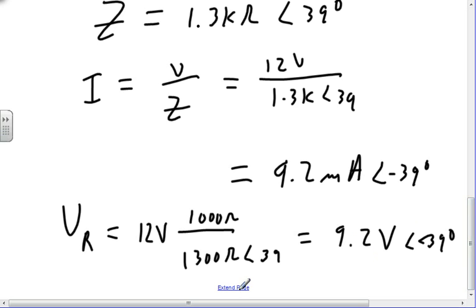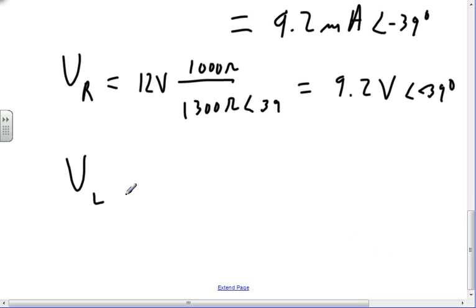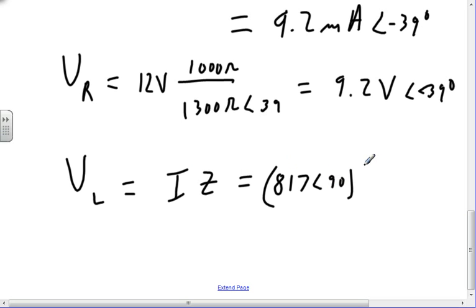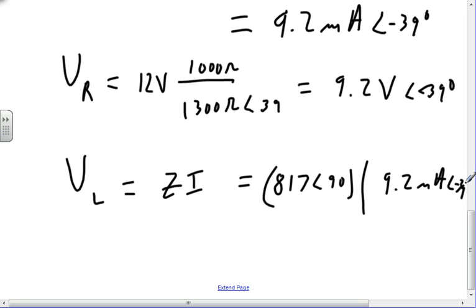What is the voltage across the inductor? Well, we'll go V is equal to IR, right? So we'll do that. 817 angle 90 times, well, we'll write it the other way. E is equal to ZI. Is that better? So I got the Z and 9.2 milliamps angle minus 39, and I ran out of room again.